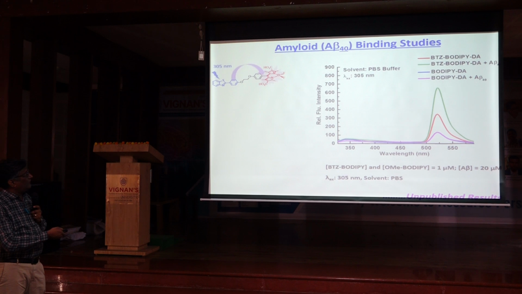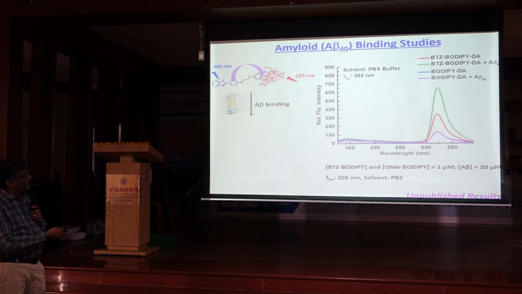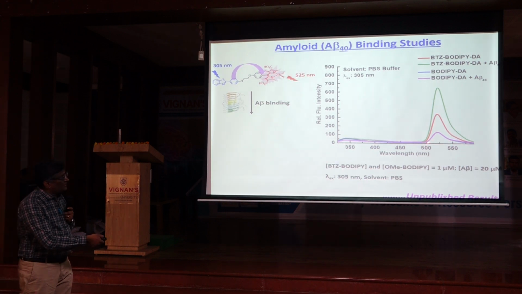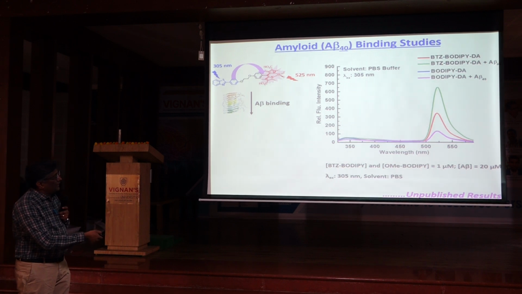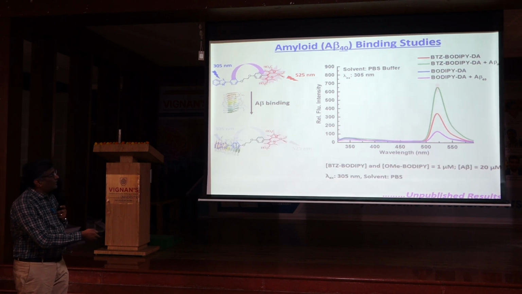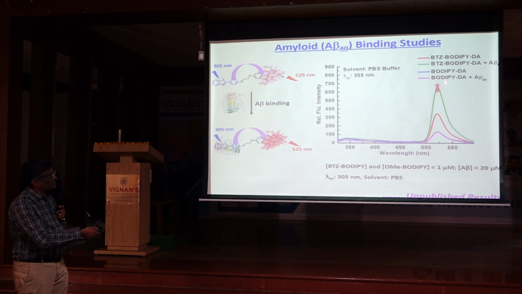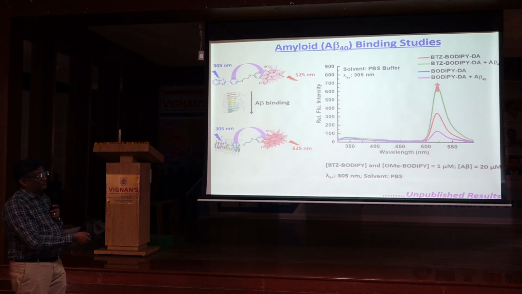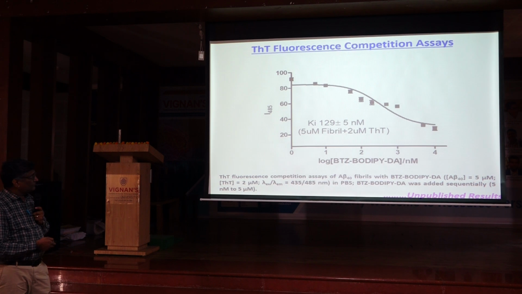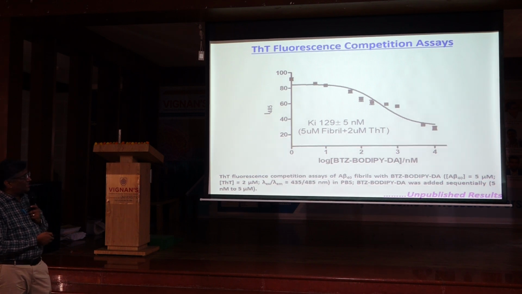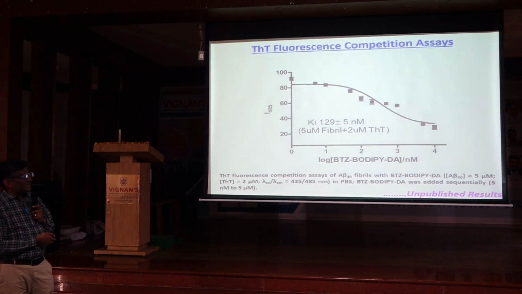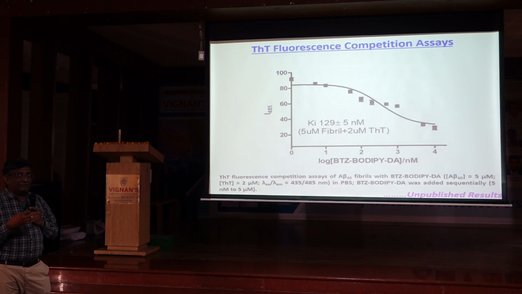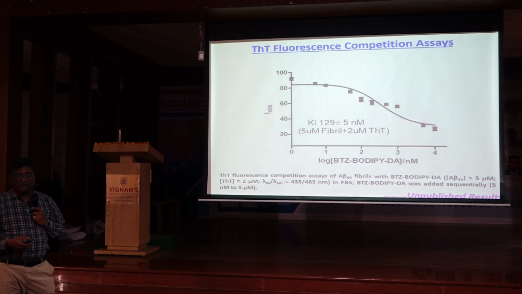One of the important slides that I want to show is that initially there is energy transfer, the red one, but the moment you add amyloid, the energy transfer increases at least 2 to 3 folds, whereas with a control compound where you don't have benzothiazole, you don't see any enhancement. So we are using this for water-soluble probes, and it can even bind to ThT. It can replace ThT, saying that the benzothiazole of our compound has a much higher binding capacity compared to that of ThT when bound to amyloids.